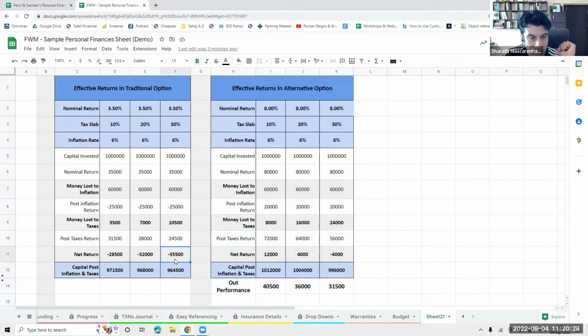What was my net return at 35,000 has now come down to just minus 4,000 rupees. But if I don't keep inflation in mind, what's my post-tax number? My money post taxation is right here at 56,000. The difference in earning is about that much.